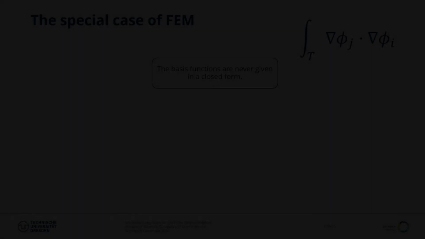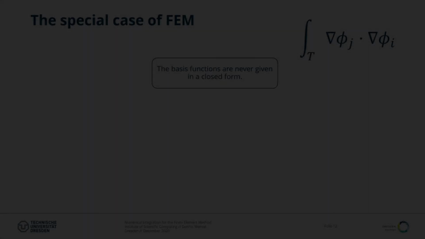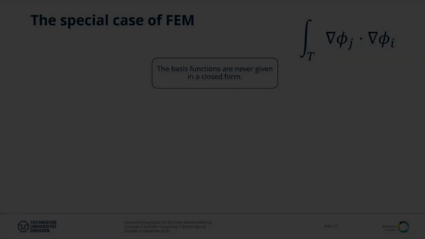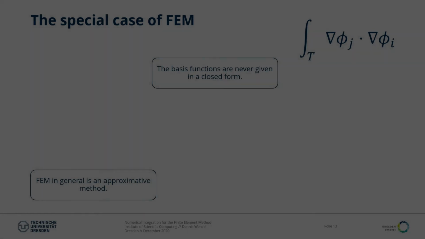Well, let's see. Those basis functions that we have seen in the last lecture are never given in a closed form. So you never have an analytic description like phi j, this global basis function, is sine of x, let's say. That's never happening. The second thing is that FEM in general is only an approximation, right? We know that from the start, the FEM solution that we're getting is not the exact solution of the system.